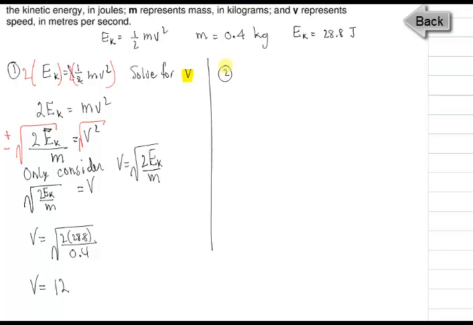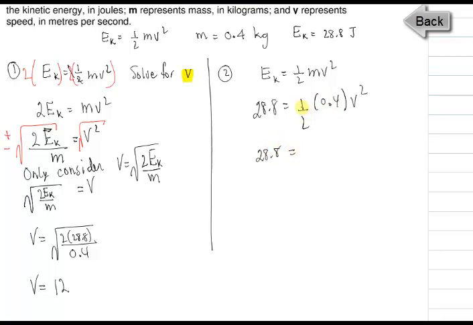Okay, our second method is to start once again with the formula. And you want to start right away by plugging in your numbers. So in place of e subscript k, you're going to put 28.8. In place of m, you're going to put 0.4. And you will leave the left as is right now.